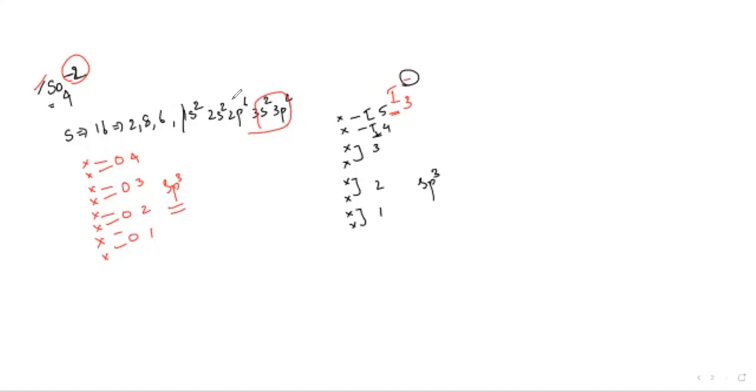That is how we get 5 hybrid orbitals, meaning sp3d hybridization: 1 s orbital, 3 p orbitals, and 1 d orbital. So we get 5 hybrid orbitals, which indicates sp3d hybridization.